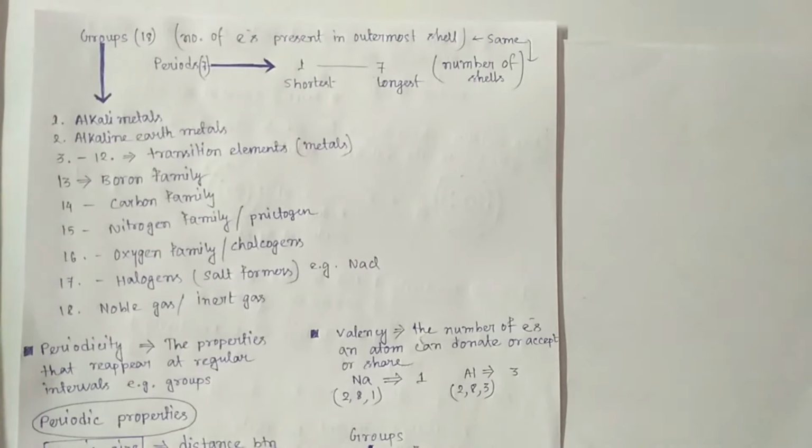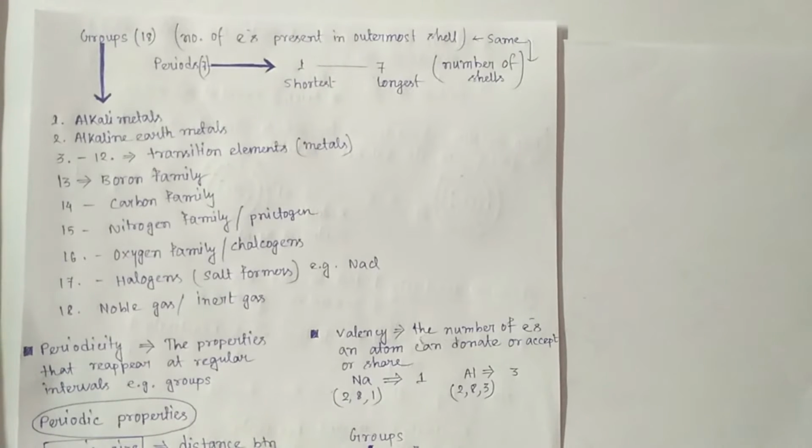But later, Henry Moseley put forward a new principle, and he says that the physical and chemical properties of elements are the periodic functions of their atomic number. This is the most acceptable theory. So we are going to read about this periodic table.